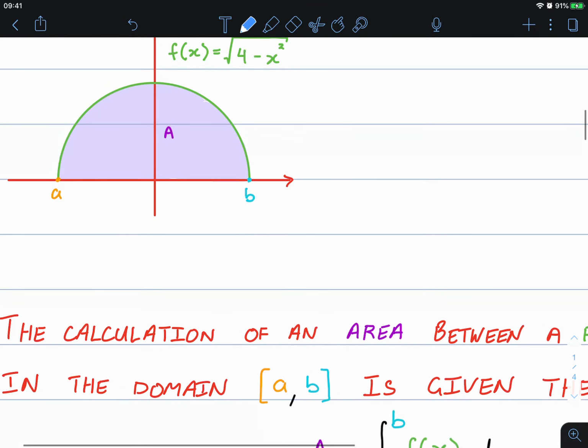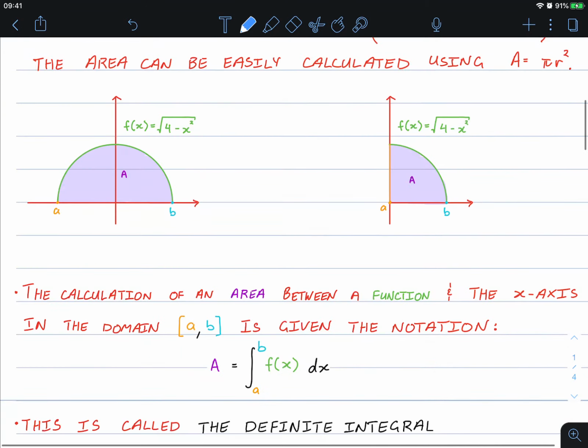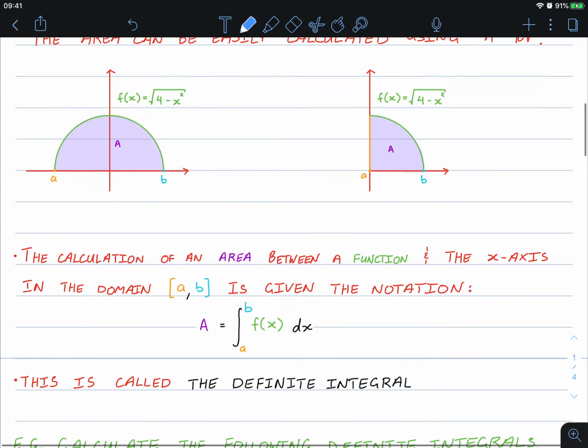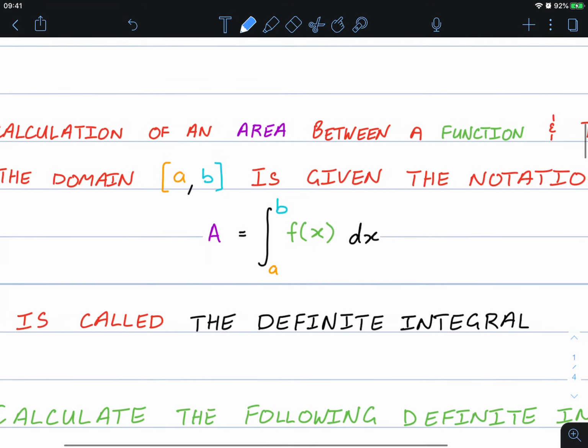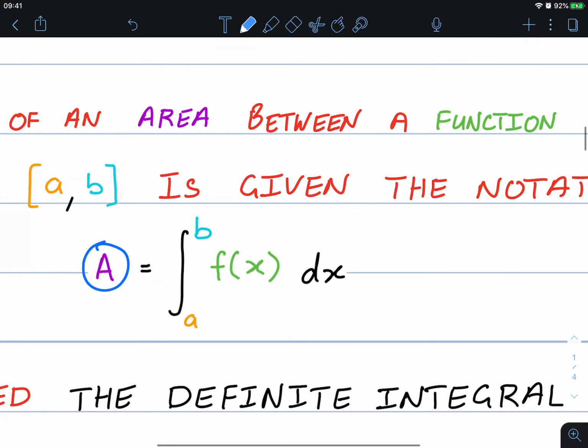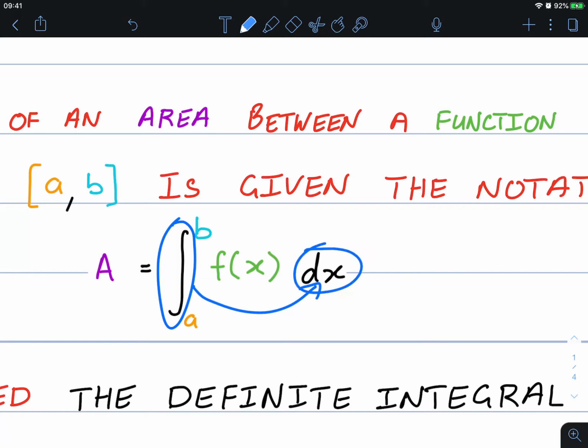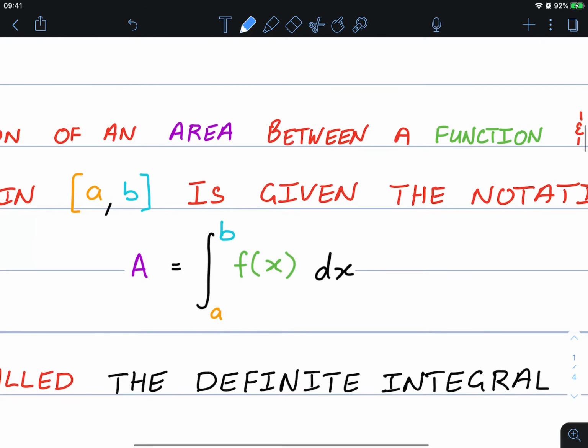And now this idea of calculating an area between a function and the x-axis, in the domain from A to B, so we must always be given some start point and end point, is given the notation: the area equals the integral, and by the way, this must always be paired with dx, and I'll get into the notation and the meaning behind it a bit later.